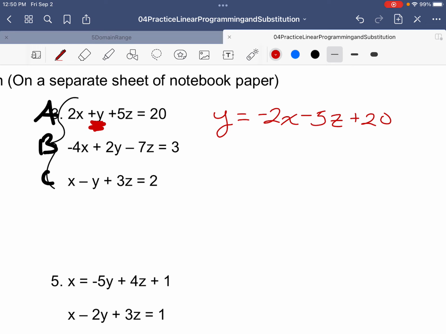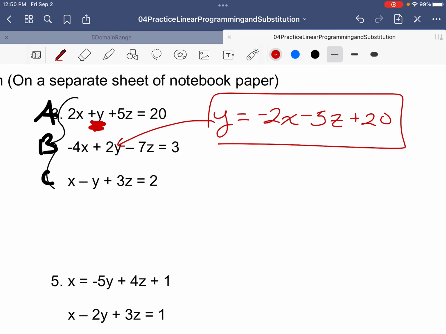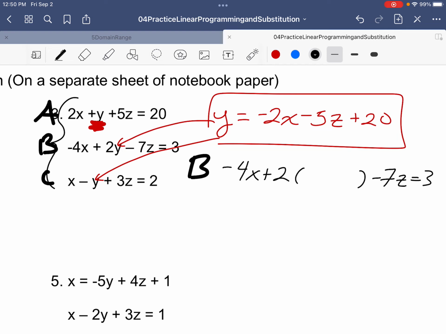Now, remember how this works? You have to take this y equals and substitute it in, not once, but twice. I have to substitute it in very carefully to equation B, and I'm also going to have to substitute into equation C. I'm going to show the equation B substitution right now. Ready? Here we go. We're going to substitute into that space.